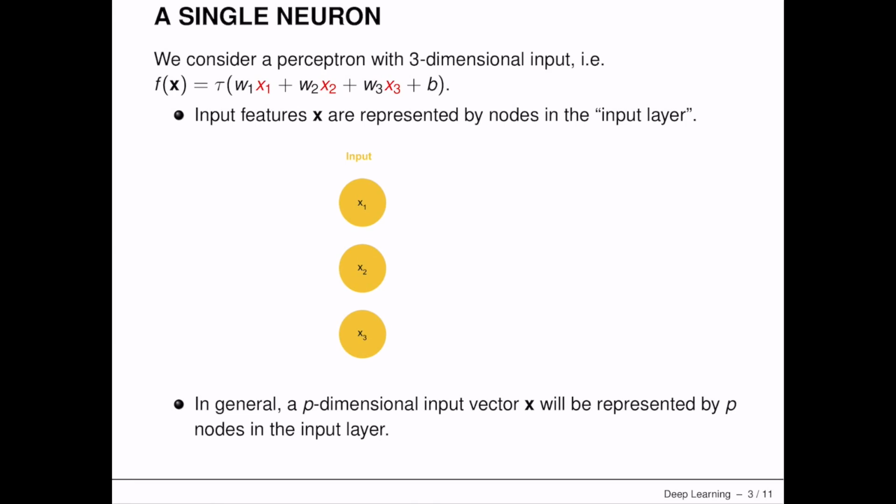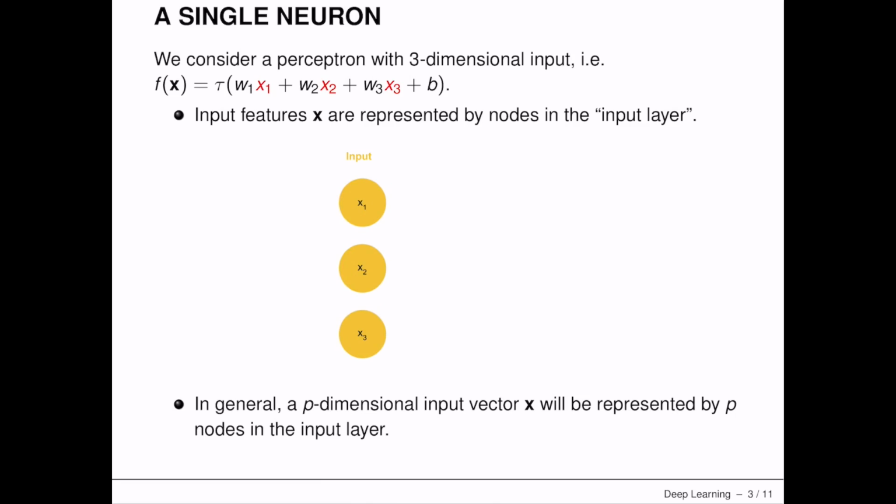Let's look at the model of an artificial neuron more closely, step by step. Let us consider a perceptron with a three-dimensional input. This would represent such a function. We have three input variables x1, x2, and x3, corresponding to 3 nodes or neurons in the so-called input layer.